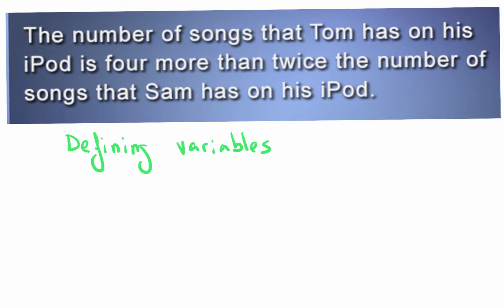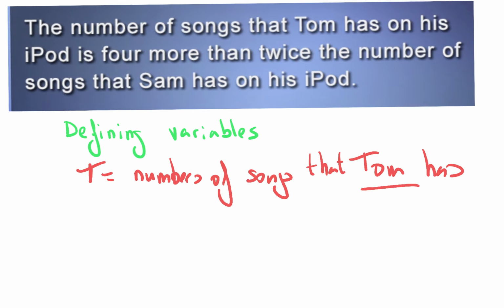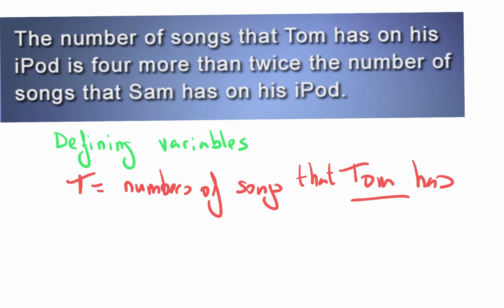So we call it T, equal the number of songs that Tom has on his iPod. And this is one variable. So we have identified the first variable, the number of songs that Tom has.